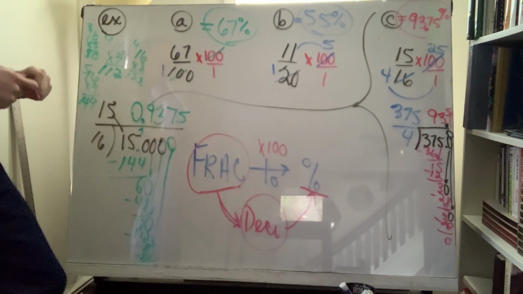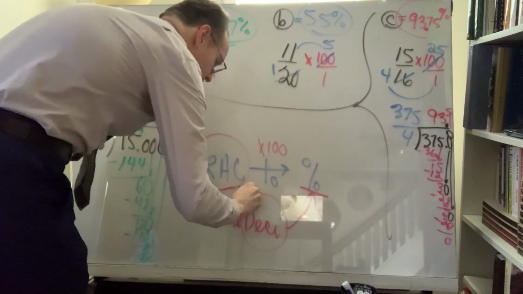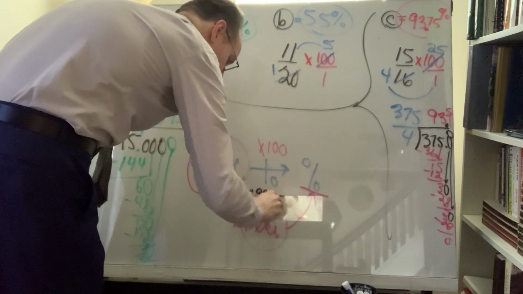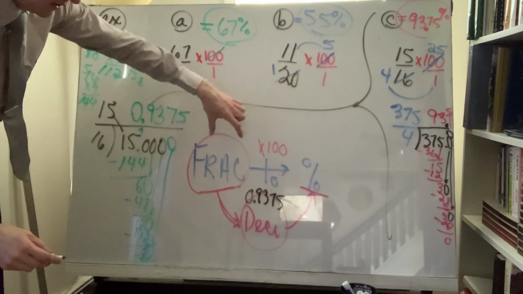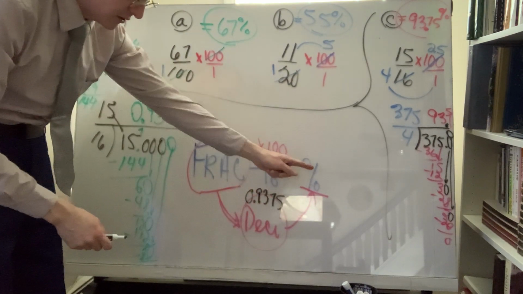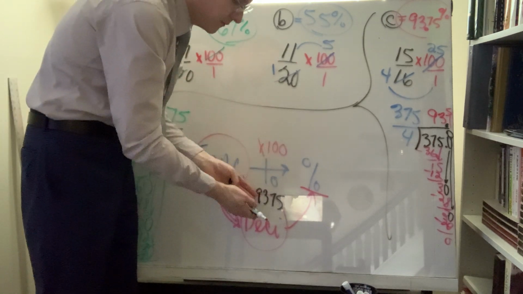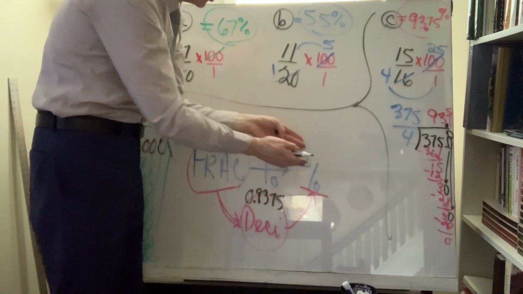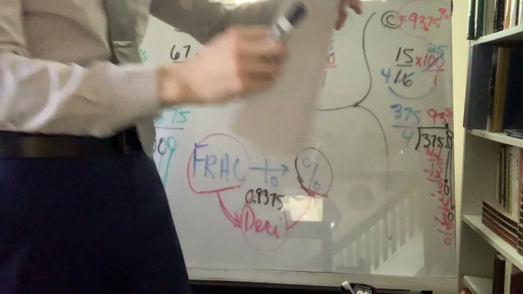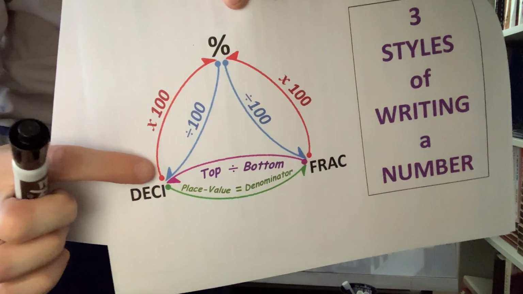All right, now look what you got here. You got 0.9375. Right? This is having converted a fraction to a decimal directly that way rather than directly this way. If at this point you are converting from a decimal to a percentage, whenever you convert to a percentage, what do you multiply by?